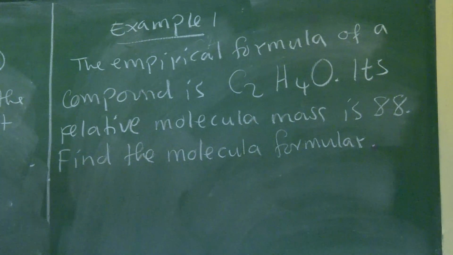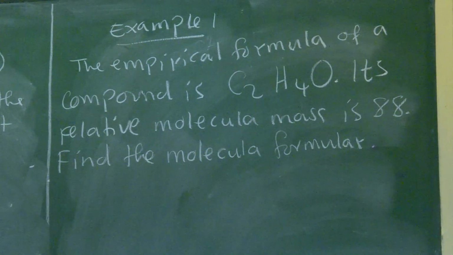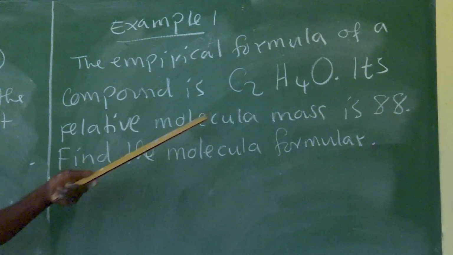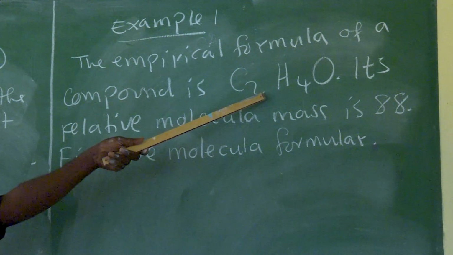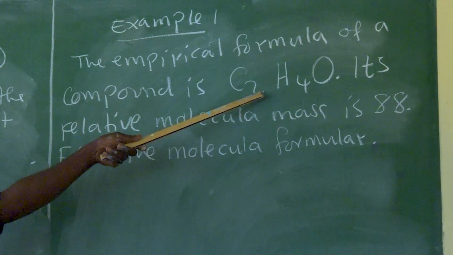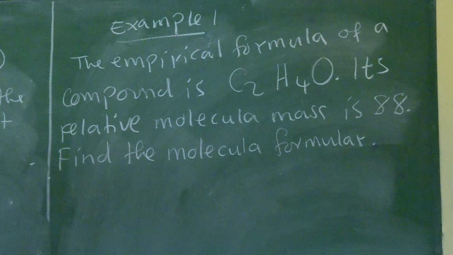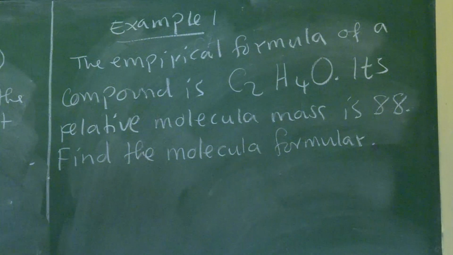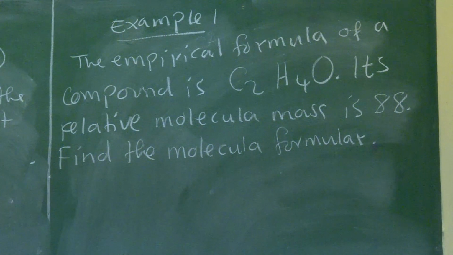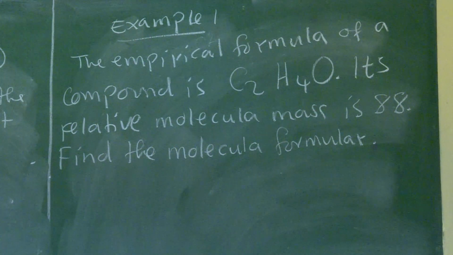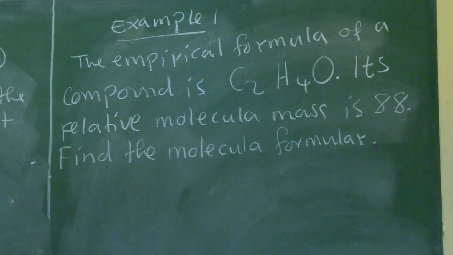Now, the beauty of this question is, at least they are already giving us the empirical formula, isn't it? Yes. We have the empirical formula. What are we supposed to find only? The multiple whole number n. So, let's look at the solution.